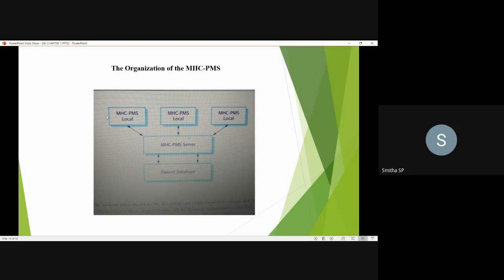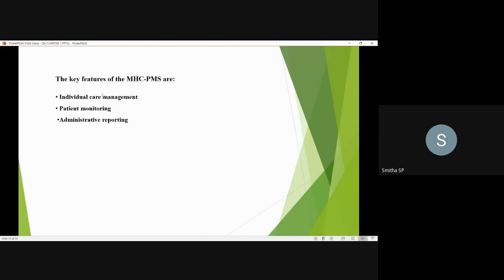This information can be accessed by the MHC-PMS local system through the MHC-PMS server. We also came to know the key features: individual care management, patient monitoring, and easier administrative reporting.